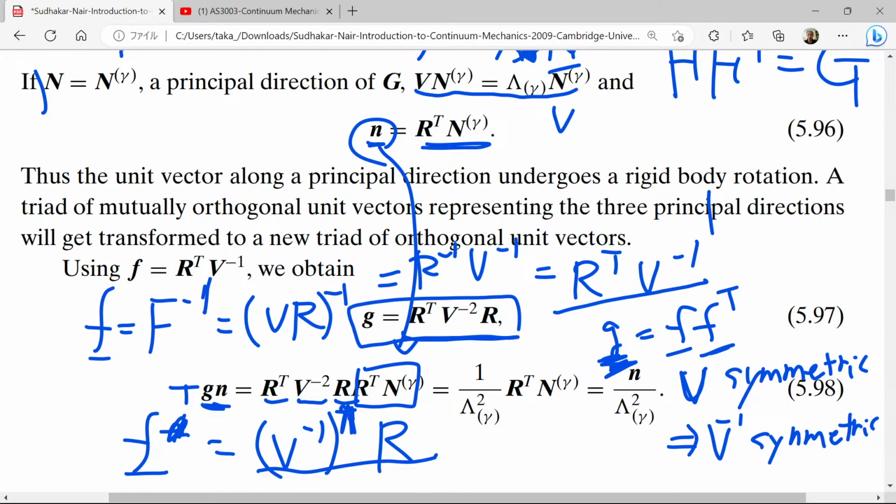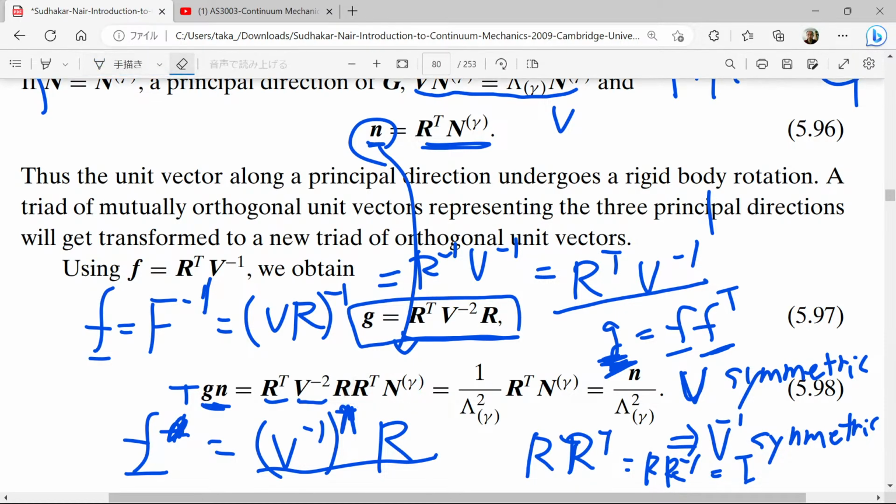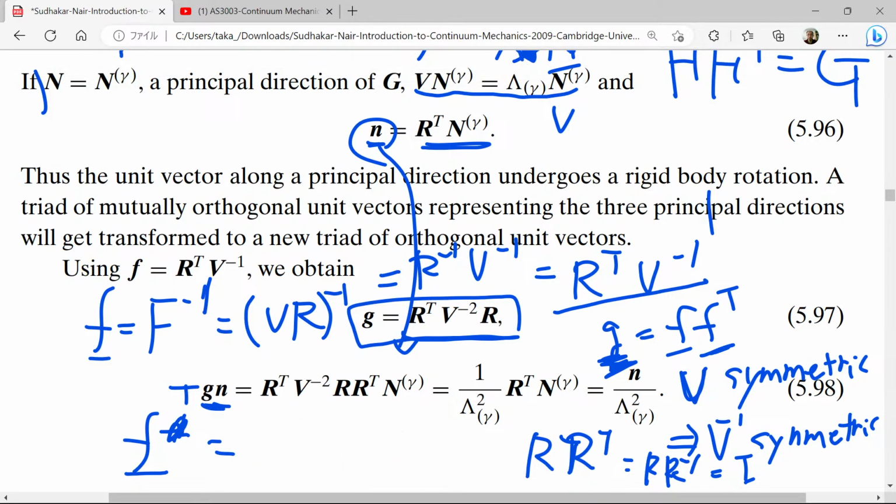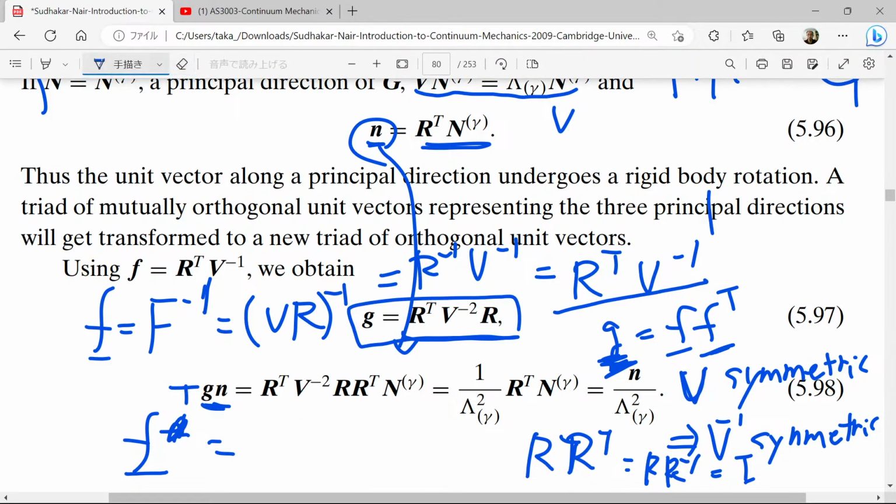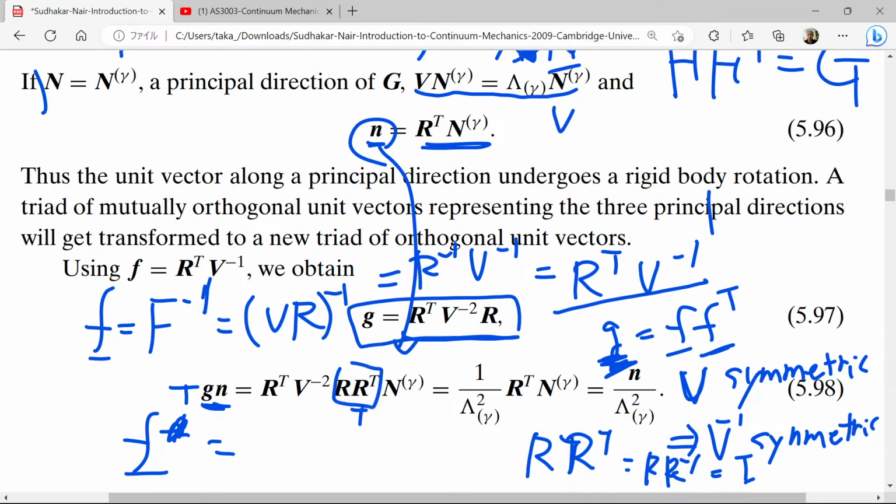So you have, what is this complication? R transpose, this is R inverse, so this is identity. So you can see this part is identity matrix.